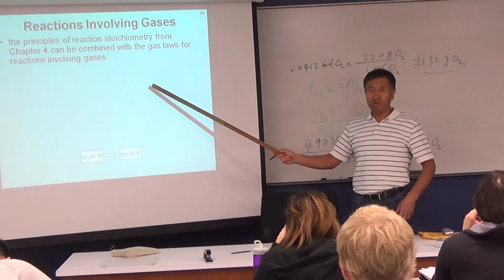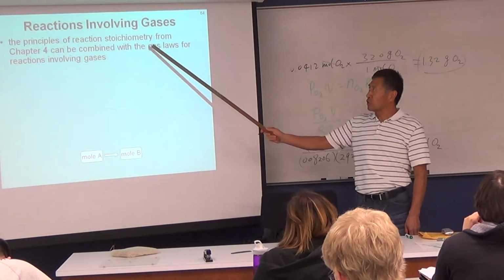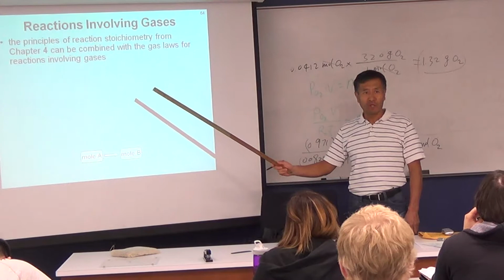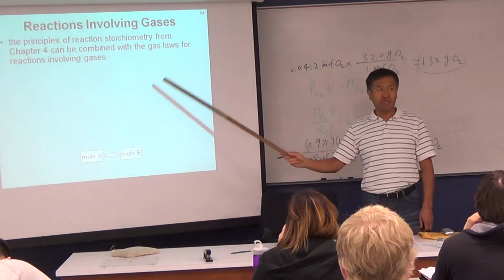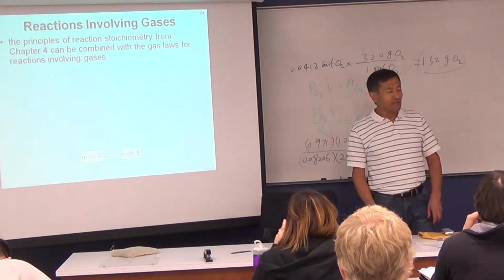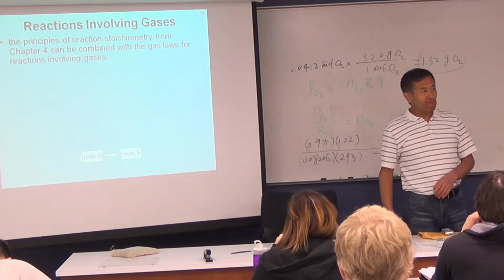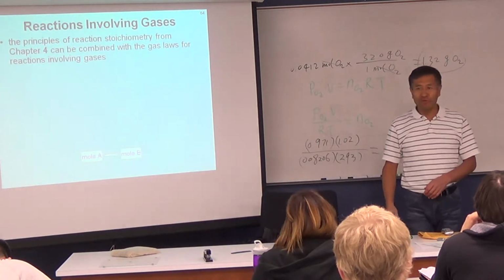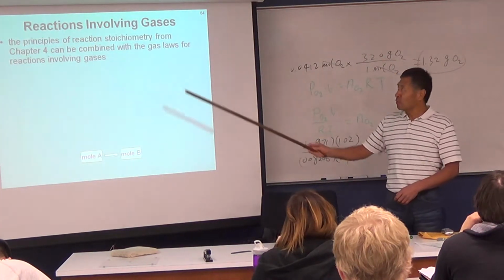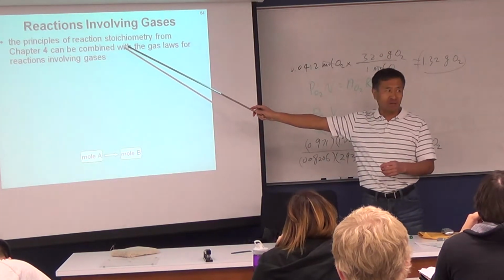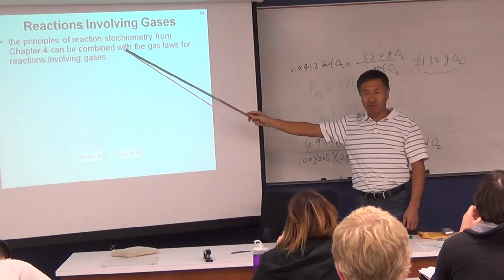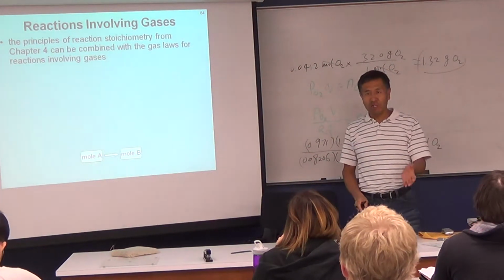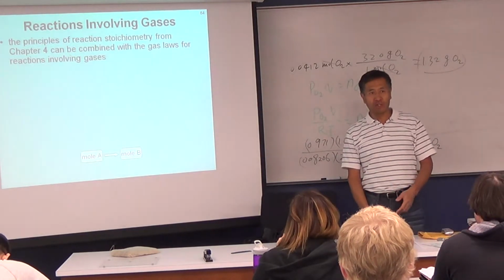The principle of reaction stoichiometry from Chapter 4 can be combined with the gas law for reactions involving gases. What is one very important step you learned in Chapter 4? That's what we call reaction stoichiometry. It's about quantity conversion in chemical reactions.